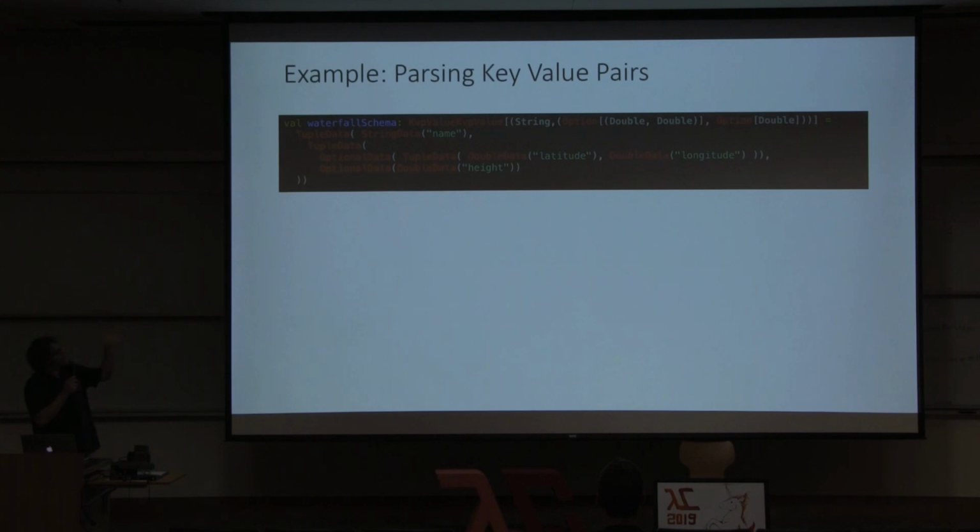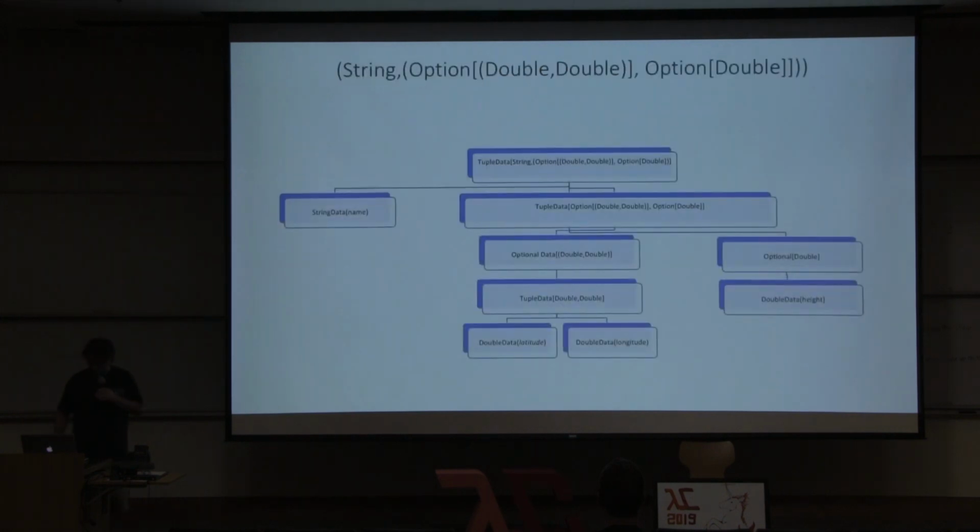So a string, which is a name, our 2 doubles, latitude and longitude, and then the height is a double as well. This is a representation of what our data structure looks like, with the leaves being our primitive values, and the top being the wrapped up type that we talked about.